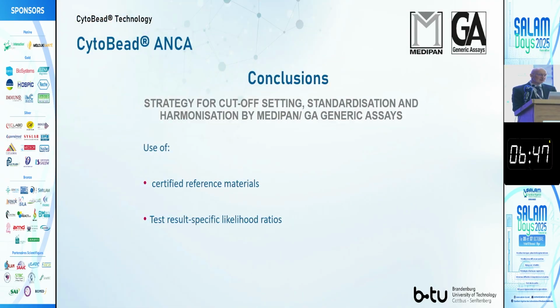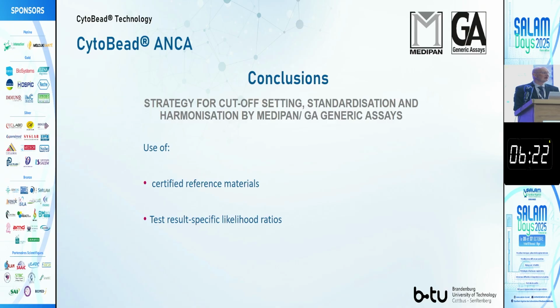Well, my conclusions are, if you want to drive harmonization as a manufacturer, you need to use certified material because this is the basis for an appropriate autoantibody testing that is able to be harmonized with other manufacturers.